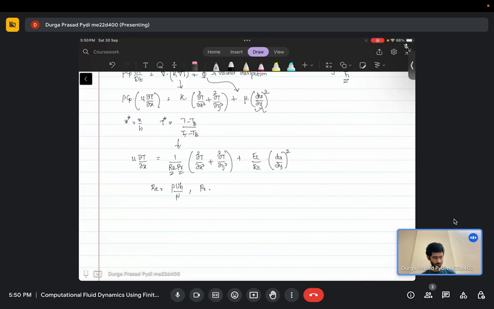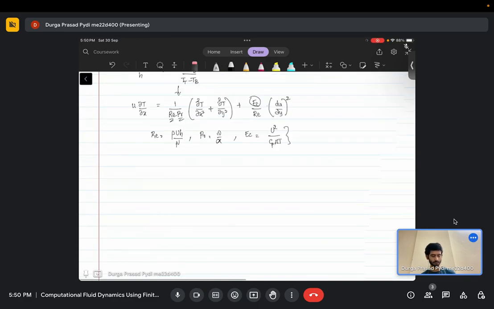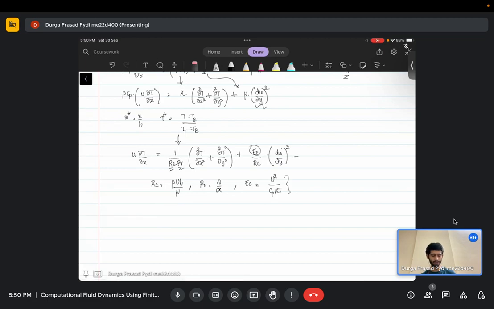The Prandtl number is something you are already aware of, mu by alpha. And then you have the Eckert number, Ec, which essentially has a scaling of u square with respect to your thermal energy. So if you non-dimensionalize this equation, this is the equation you will be left with.